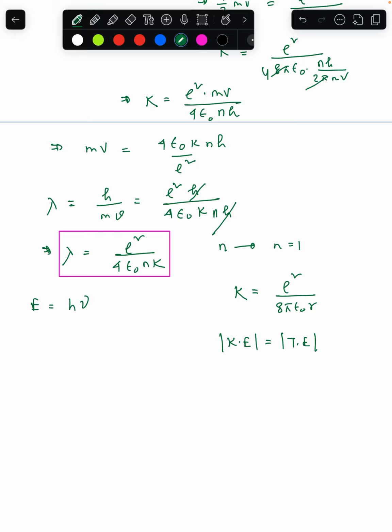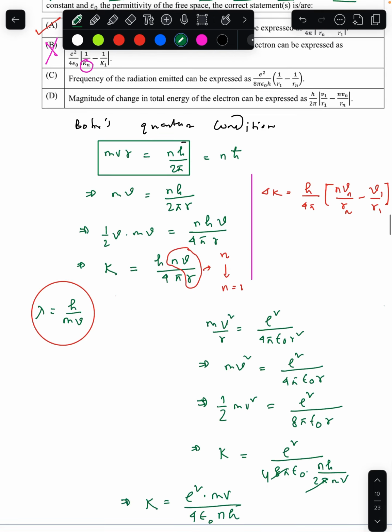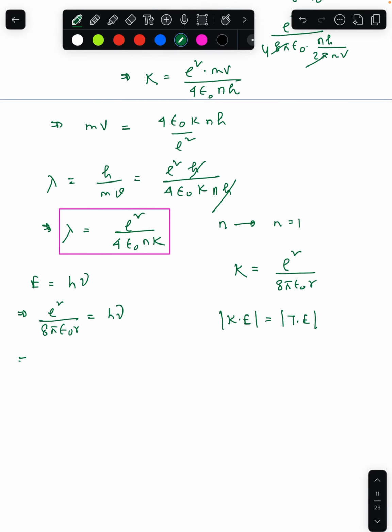Kinetic energy is E naught, total energy is minus E naught. So I can directly substitute this result: E square divided by 8 pi epsilon naught R is equal to h nu. So frequency nu is coming to be E square divided by 8 pi epsilon naught h into R.